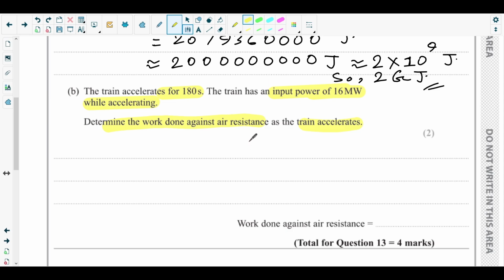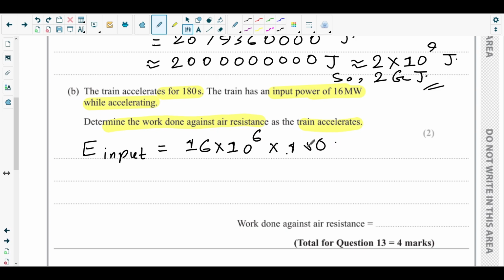For finding the work done against air resistance, we need to find the total input energy. They have given the total input power and the time, so from that we can find the total input energy. Energy input is 16 megawatt, 16 times 10 to the power 6, times 180.